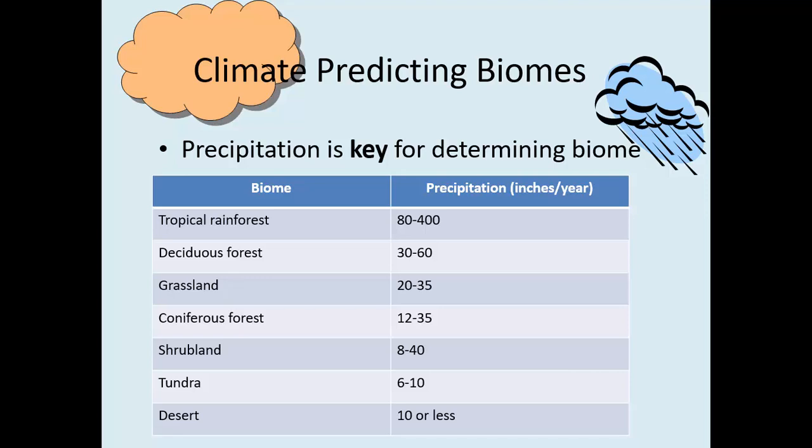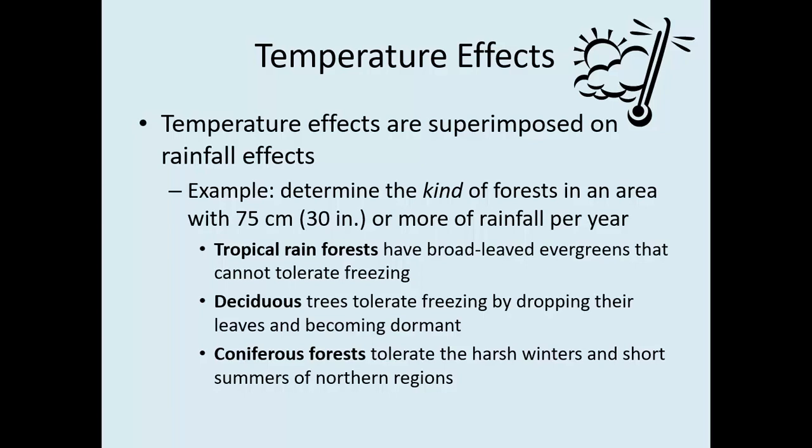Well, some of that is moderated by the soil or the slope of the land, but the secondary factor that's the most critical within climate is the temperature effect. So temperature effects are superimposed on top of the precipitation effects, and they influence the biome that a region will be if it has similar levels of rainfall.